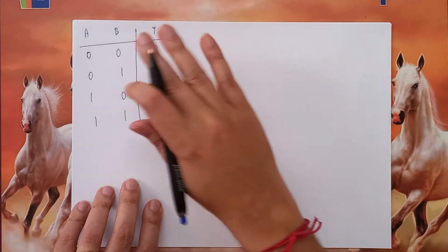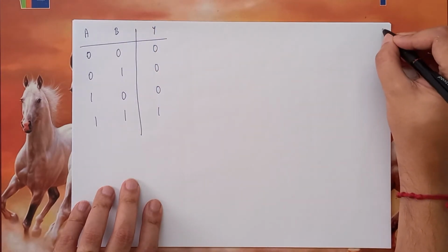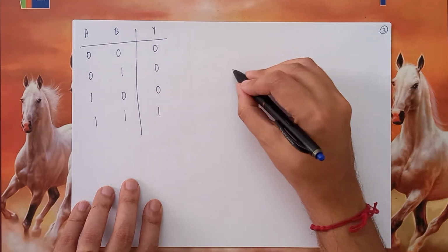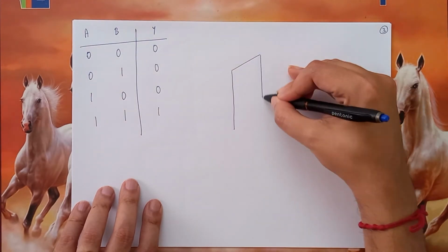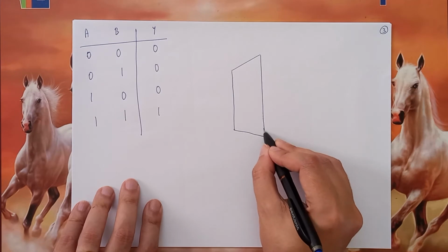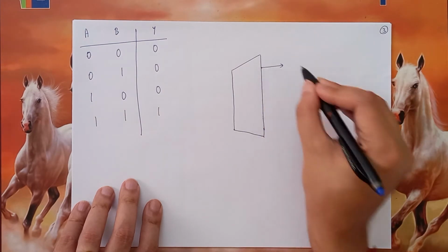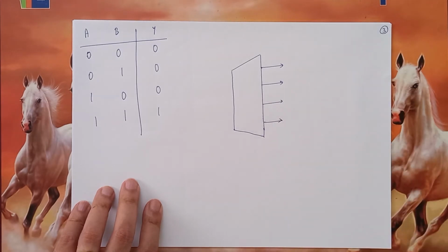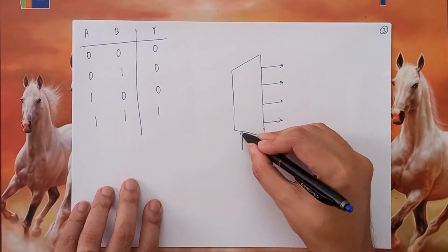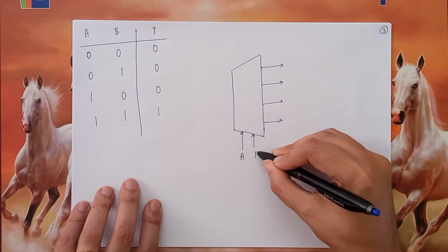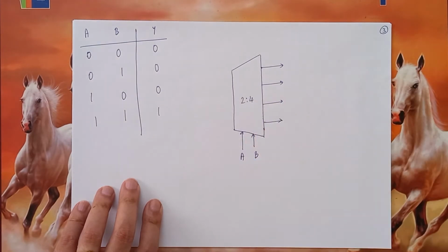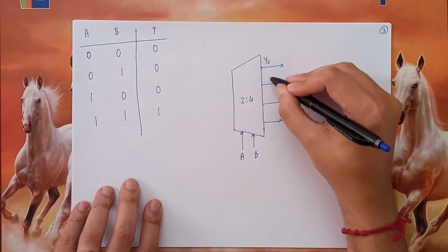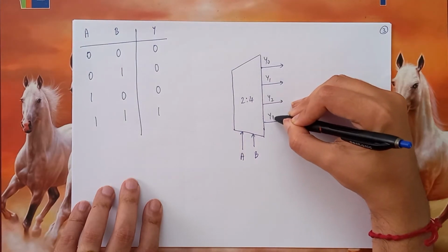Now I want to use an active high output decoder to realize this function. So therefore, let us say I have an active high decoder. So if this is A and B, I have a 2:4 decoder. Now I have 4 outputs, Y0, Y1, Y2 and Y3.